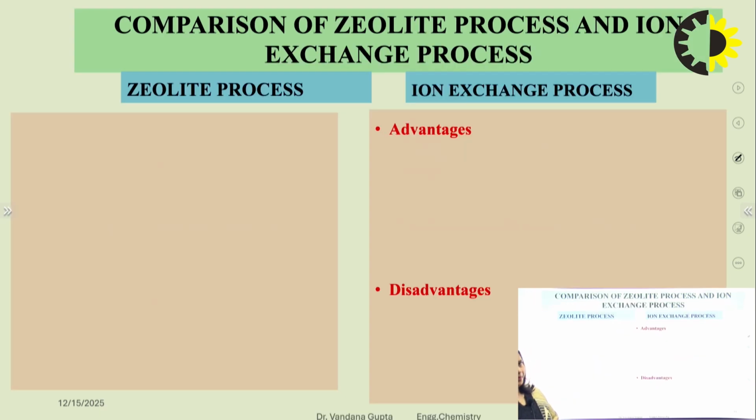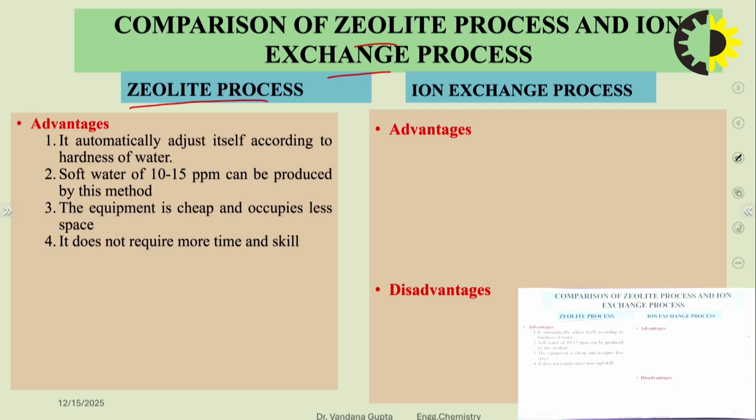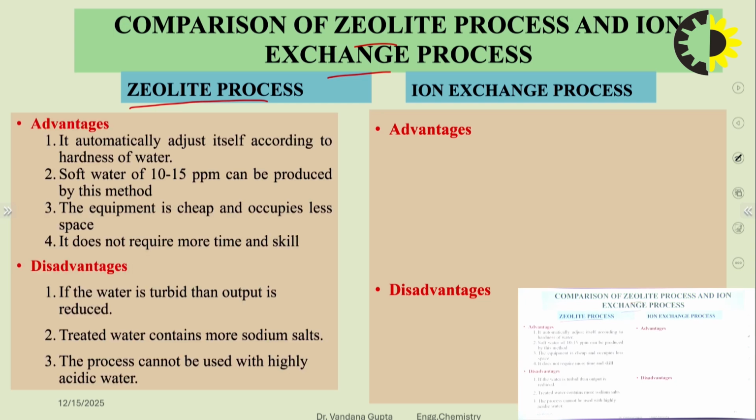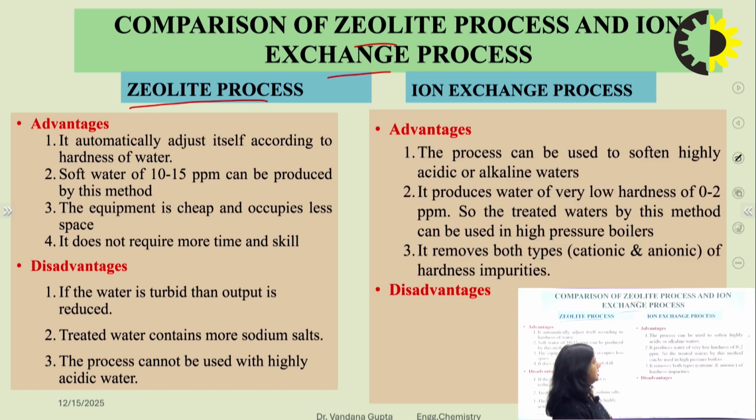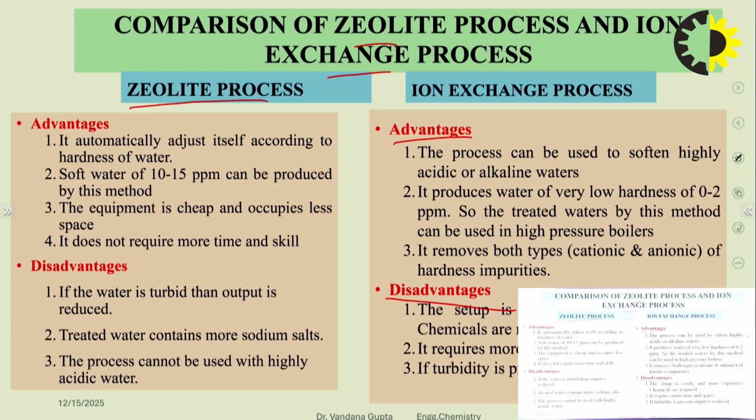Now let's compare both processes, zeolite and ion exchange process. The zeolite process has some advantages and disadvantages, which we discussed earlier in the previous lecture. Similarly, the ion exchange process has some advantages and disadvantages. Let's compare both methods.